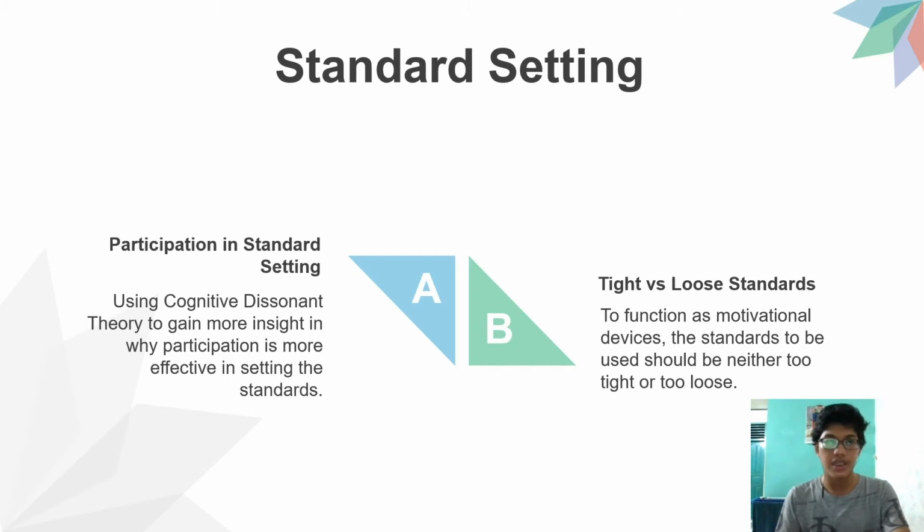But this topic is divided into two topics. The first one is participation in standard setting. In this topic, I will explain a little bit about the cognitive dissonance theory, because this theory relates to participation in making standard setting.